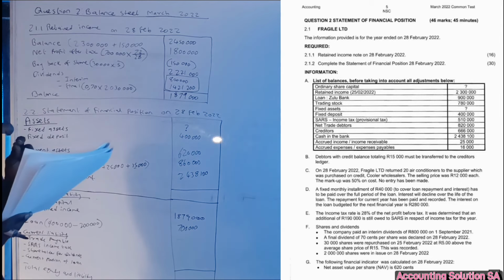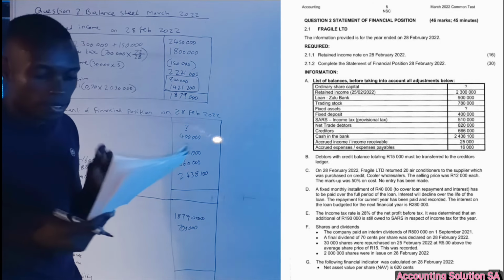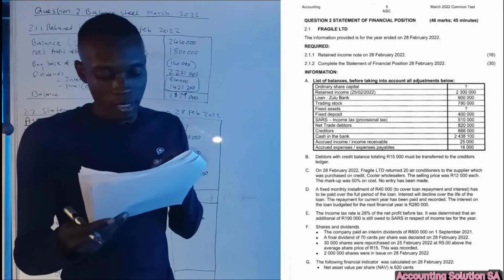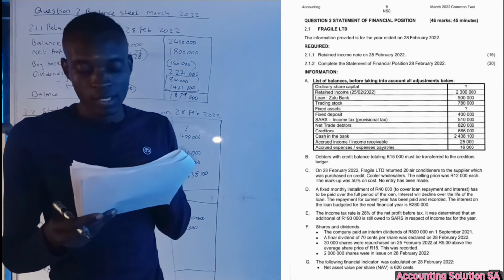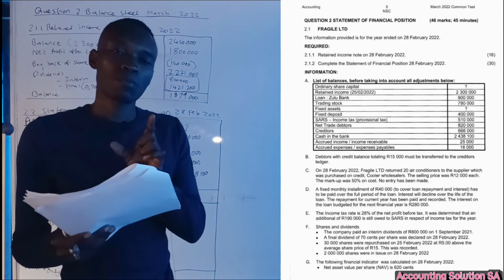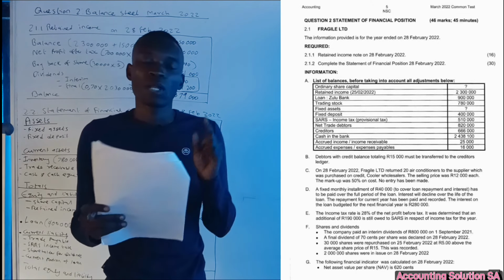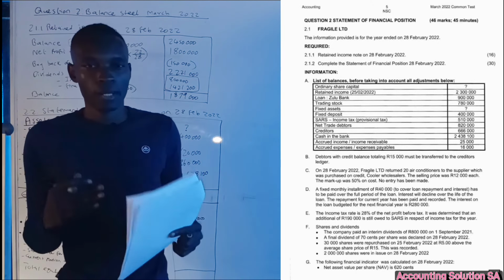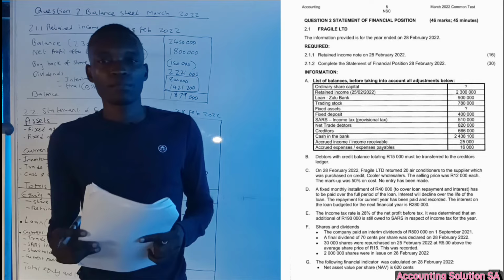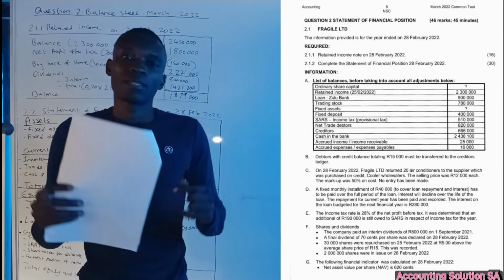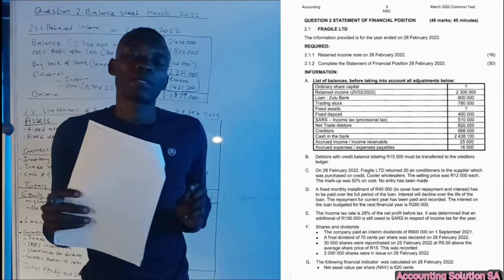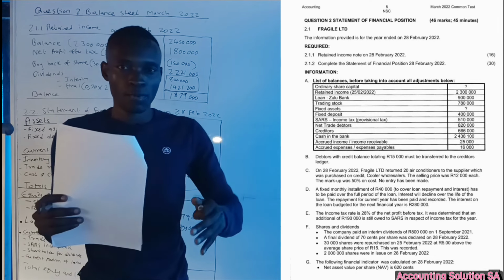Only interest. And they said the interest of the loan budgeted for the next financial year is 280. So simply it means that this is going to form the current portion of a loan. When we talk about the current portion of a loan, this simply means that this is the amount that we are going to pay within 12 months.